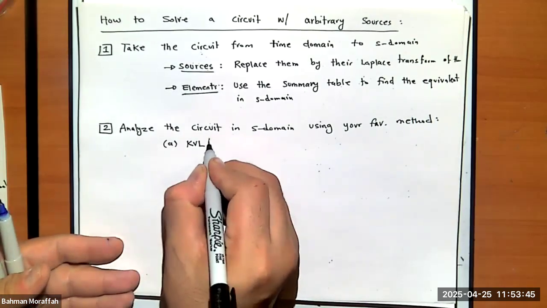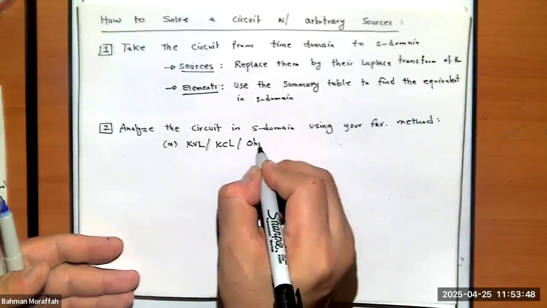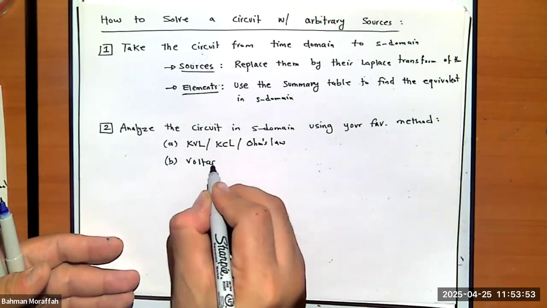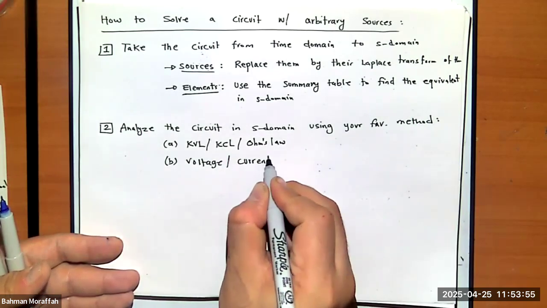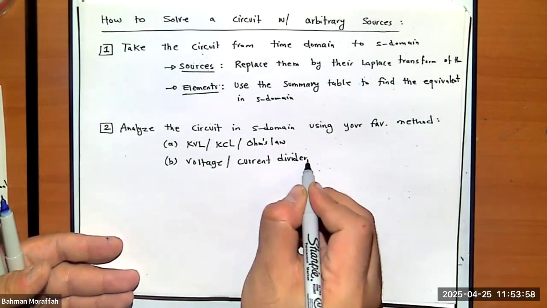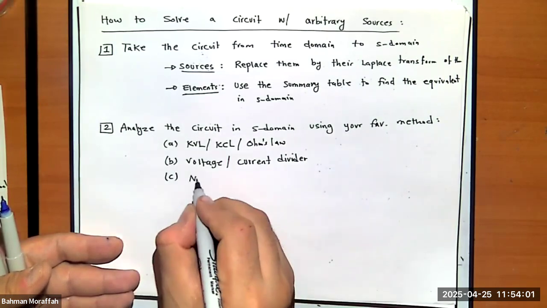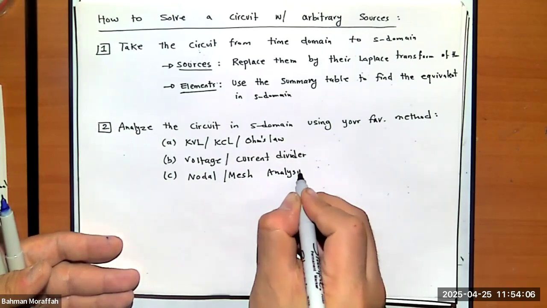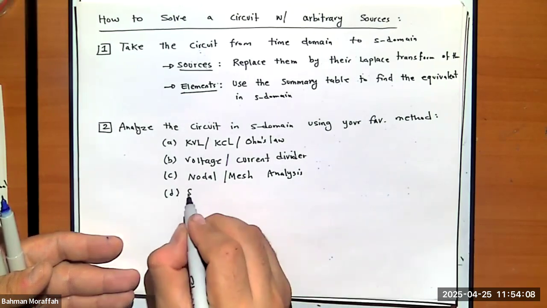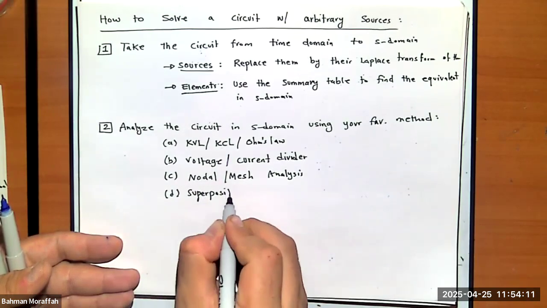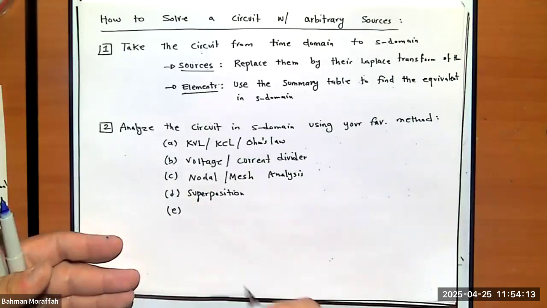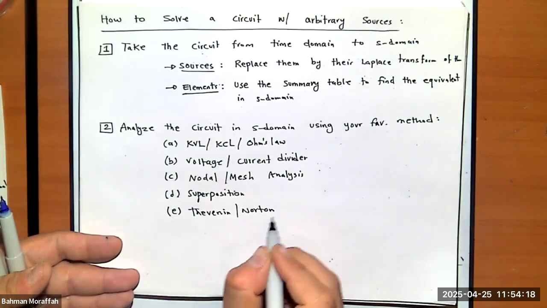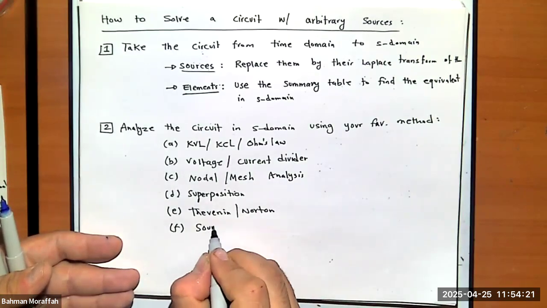So KVL, KCL, Ohm's law, voltage or current divider, superposition, Thevenin, and obviously source transformation.